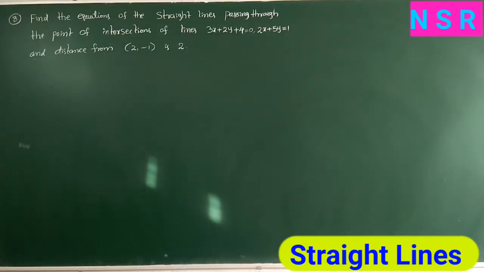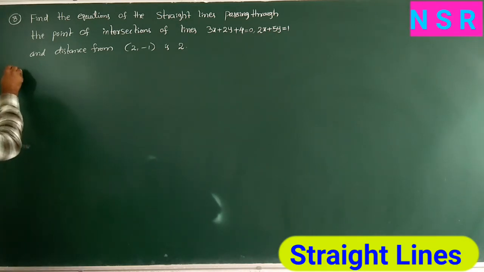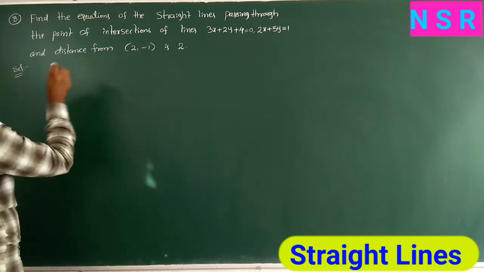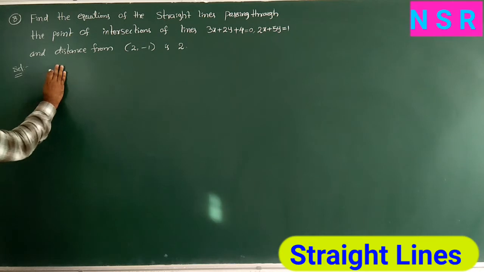So next, question number 8: find the equation of the straight line passing through the point of intersection and having distance from (2, −1) equal to 2. So first find the intersection point of these lines.